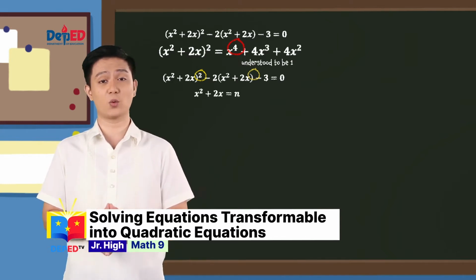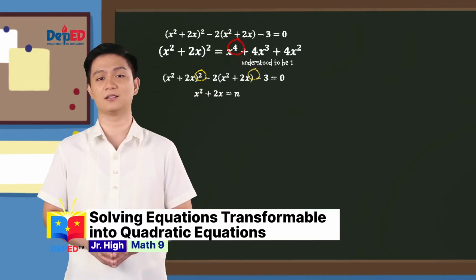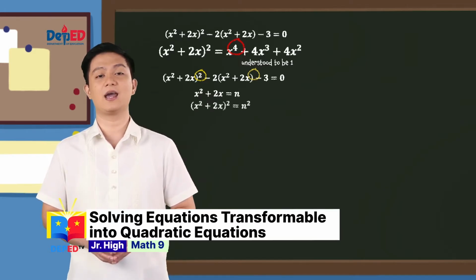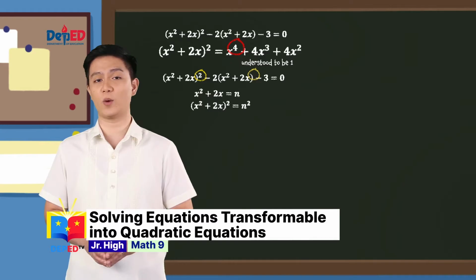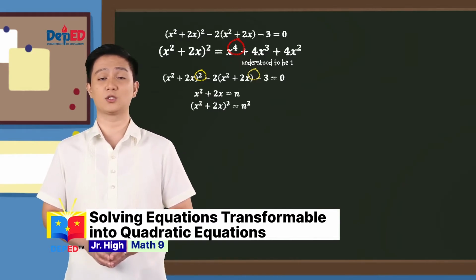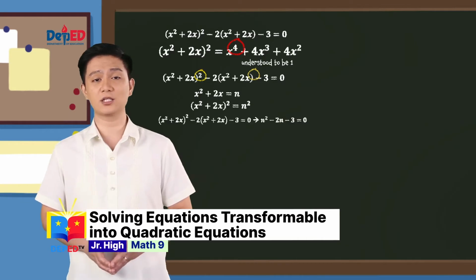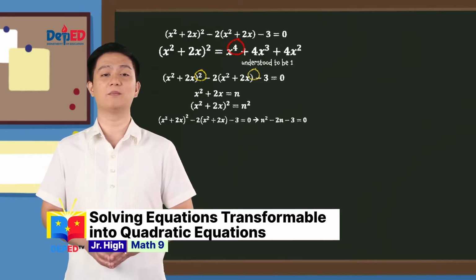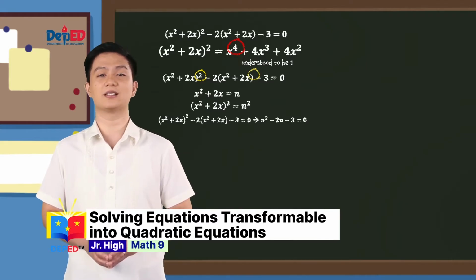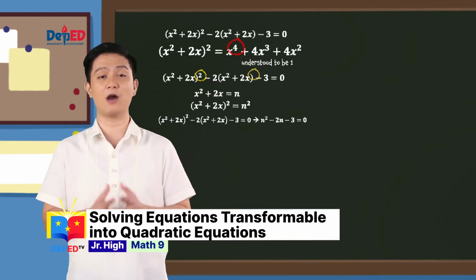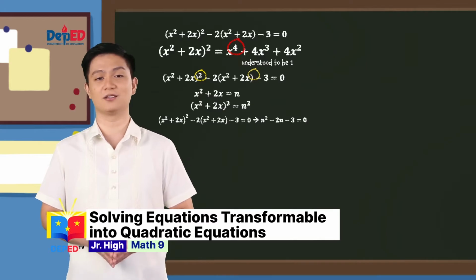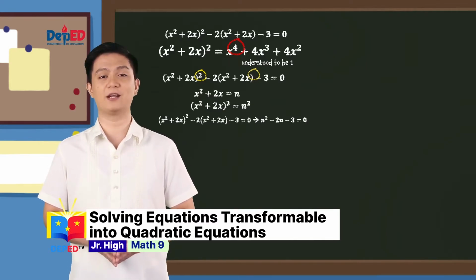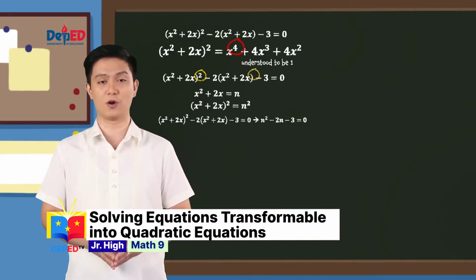Say we let x squared plus 2x be equal to n. It follows that x squared plus 2x quantity squared can be represented as n squared. So in terms of n, the equation can be rewritten as n squared minus 2n minus 3 equals 0. Our task now is to solve the equation n squared minus 2n minus 3 equals 0.